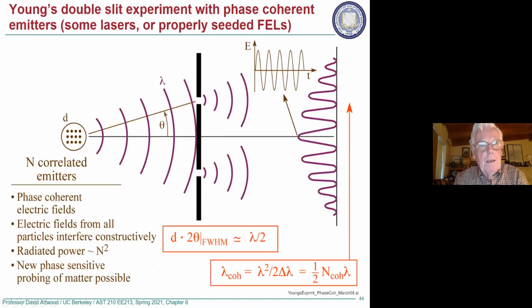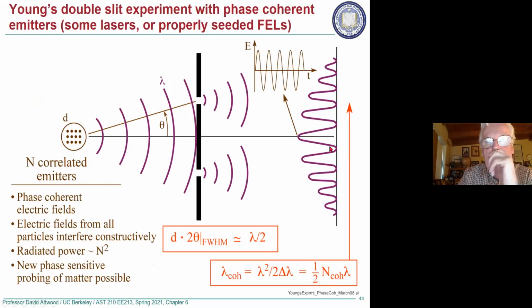Okay, so we've had our diagram here, a little simpler. Previously we were looking at Young's double slit applied to a bunch of random electrons, and we put an aperture in front of it so that we could get good modulation.